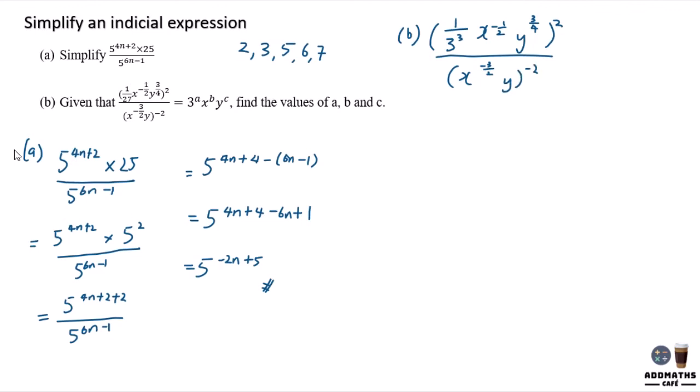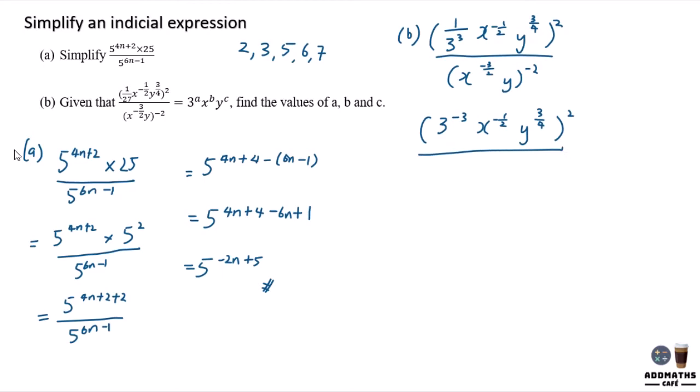So what we do now is transform this into the indices form, 3 to the power of negative 3, because it is 1 over 3 to the power of 3. So if you bring it up, it will be negative, x to the power of negative 1 over 2, y to the power of 3 over 4, and the whole expression here will be to the power of 2.